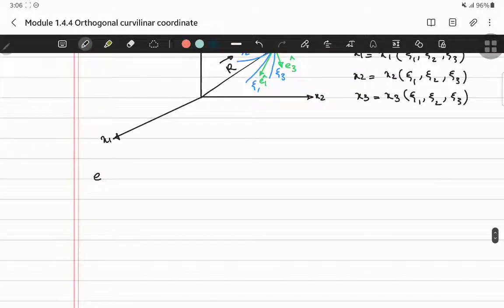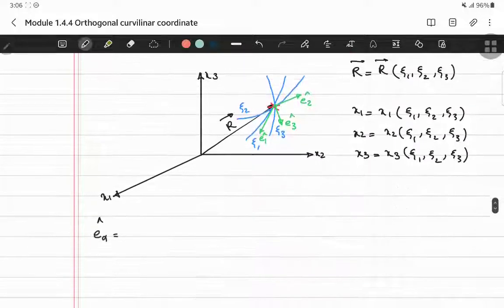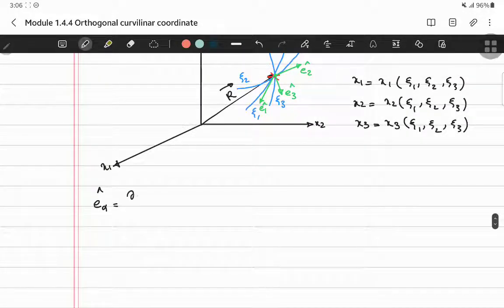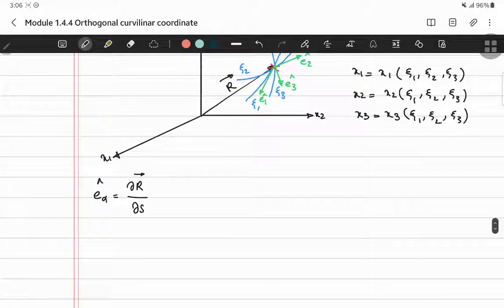So I write E alpha, for example, to distinguish between EI instead of EI. So the partial derivative of R with respect to S, because R is now a function of Z1, Z2, and Z3.